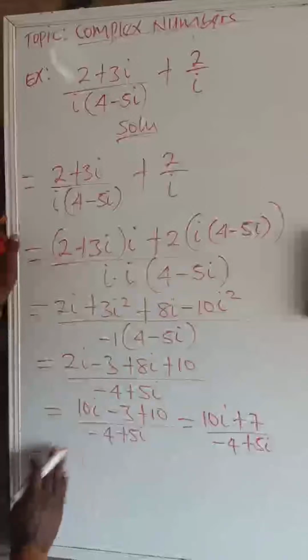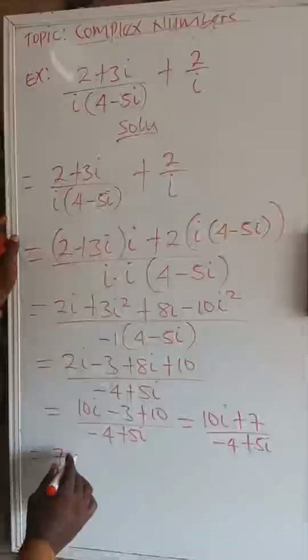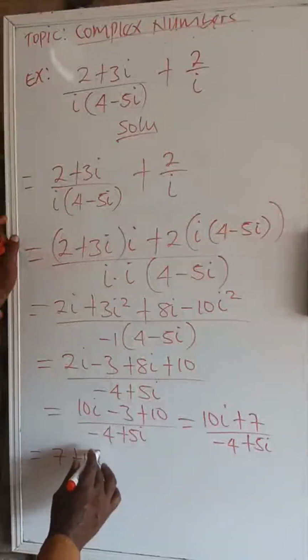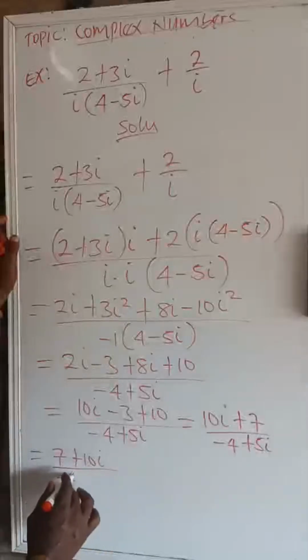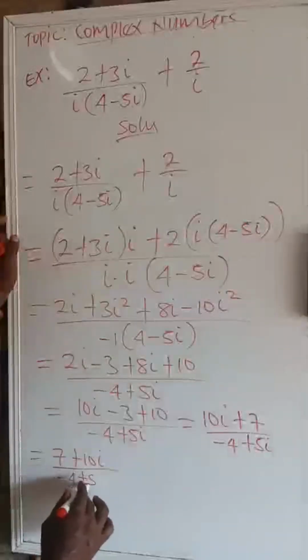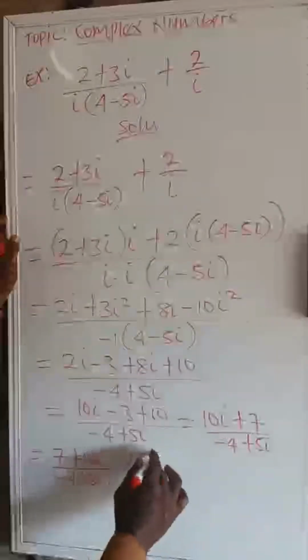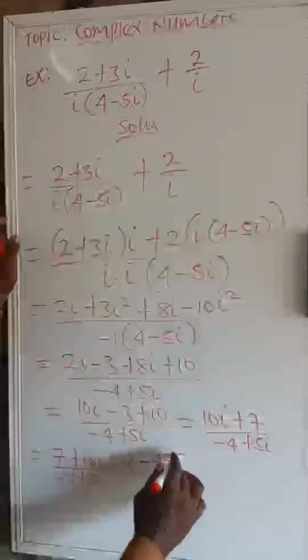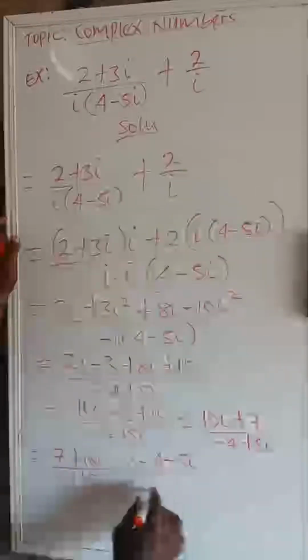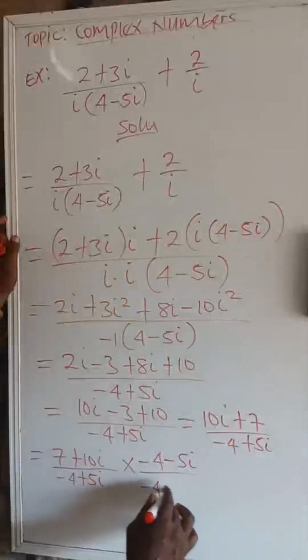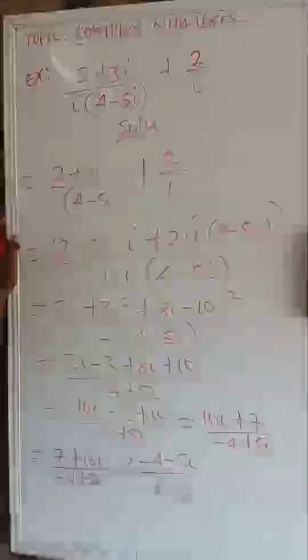We can bring 7 first, so 7 plus 10i all over minus 4 plus 5i times, we conjugate, minus 4 minus 5i all over minus 4 minus 5i.